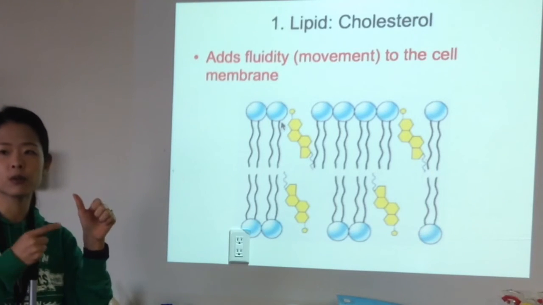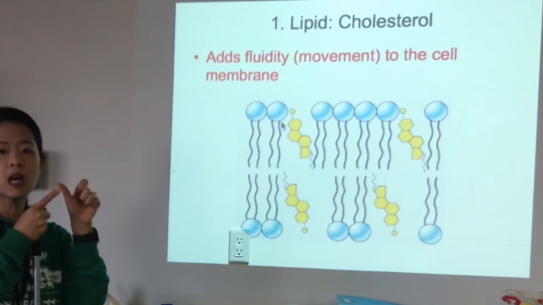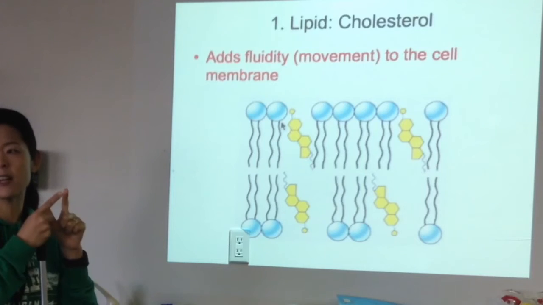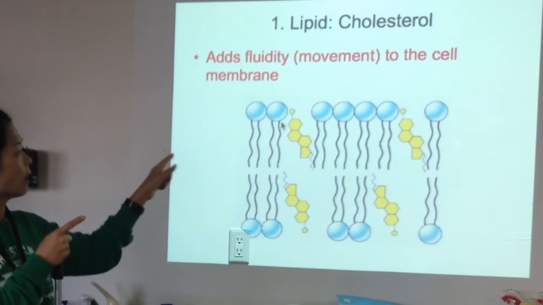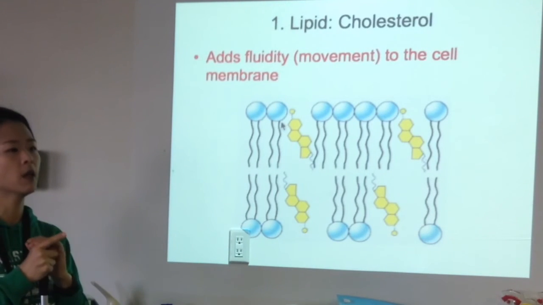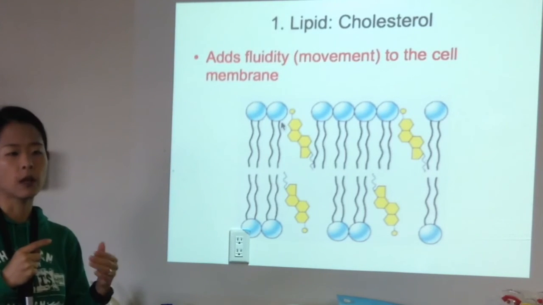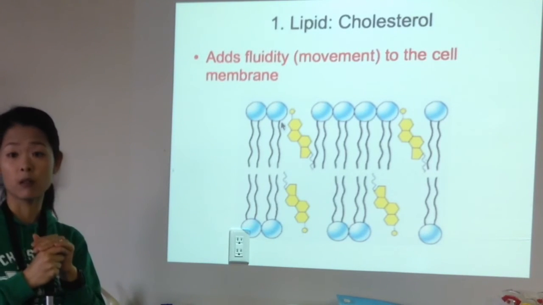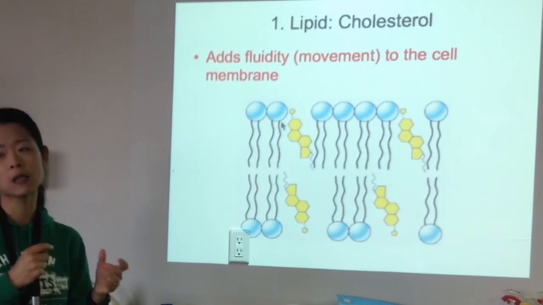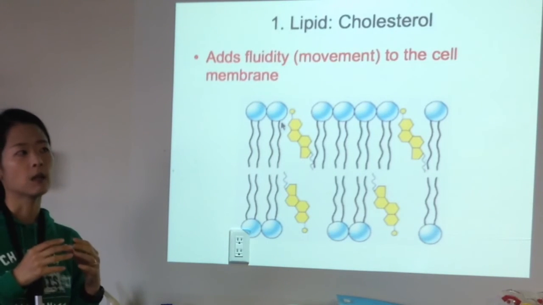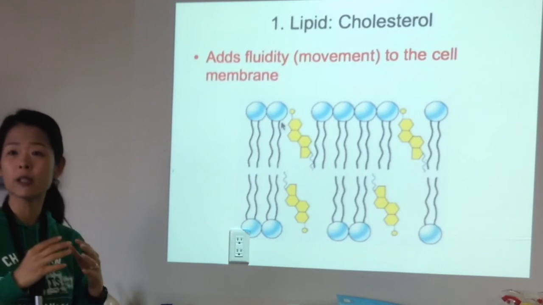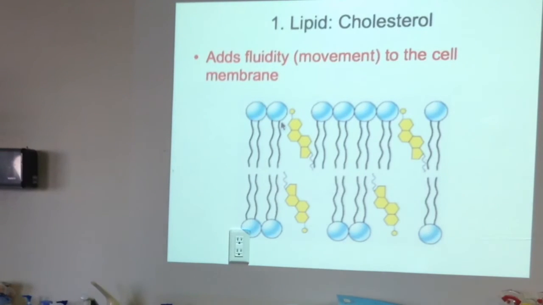So lipids include phospholipids and cholesterol. Cholesterol is fat. Okay? So having cholesterol in the membrane adds fluidity and flexibility to the cell membrane. Right? The more lipids it has, the more flexible, the more fluid it can be. Okay.